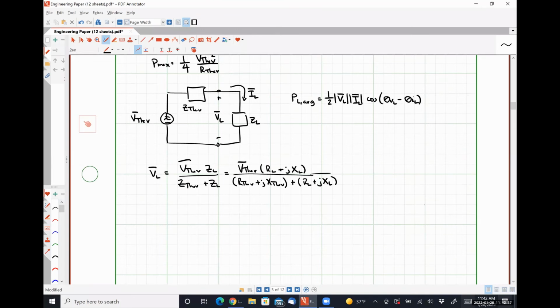And I would find that the magnitude of my voltage VL is the magnitude of my Thevenin voltage times the square root of RL squared plus XL squared divided by the square root of R Thevenin plus RL squared plus X Thevenin plus XL quantity squared.